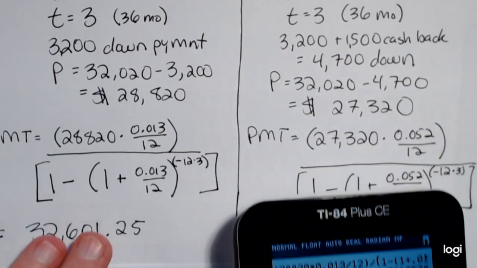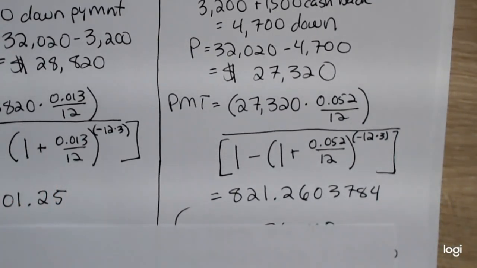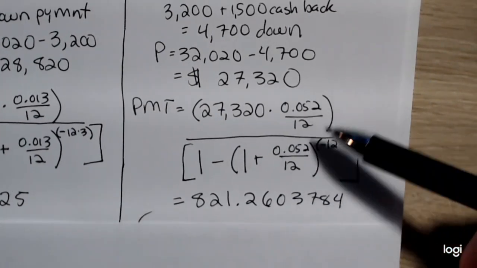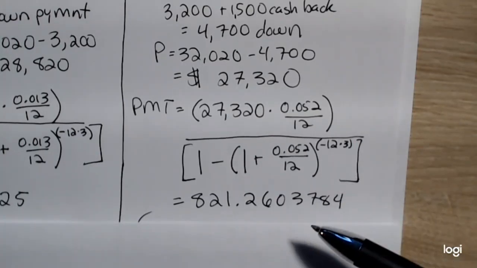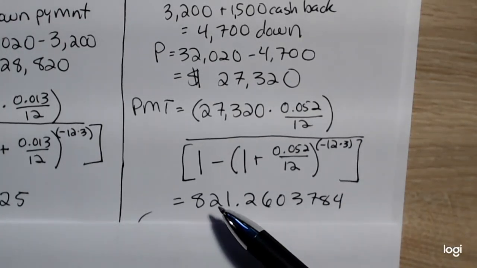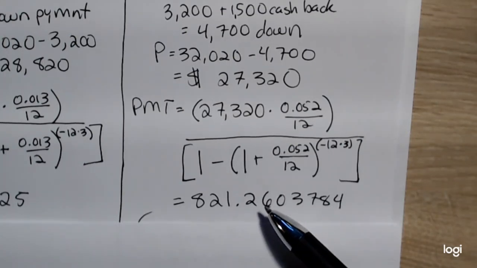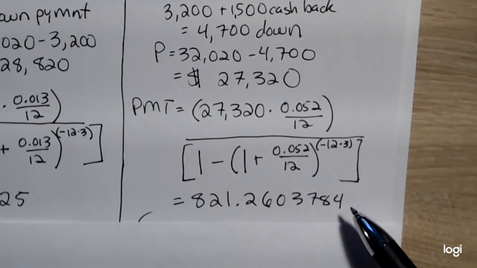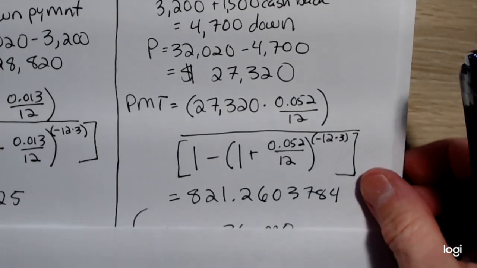Now for option B, I went ahead and did the calculation, so you don't have to watch me input this into my calculator, but I put all the pieces into the formula and got it into the calculator. This is the monthly payment, $821.26. I did carry it out a little further just to help with any rounding issues.